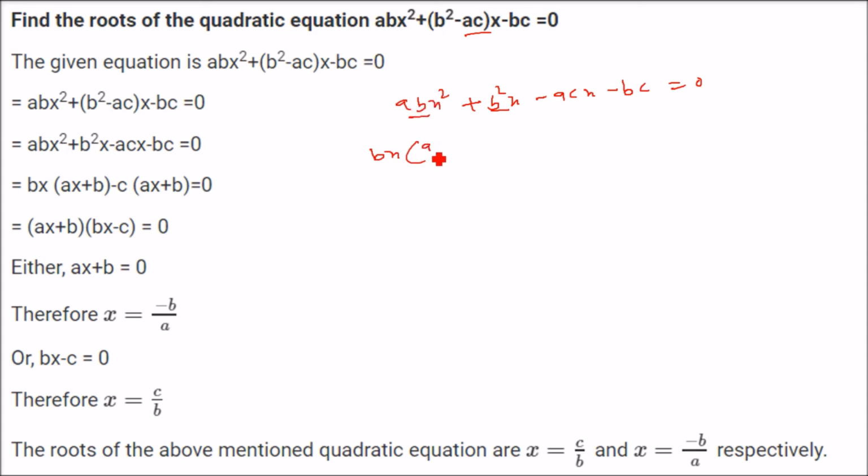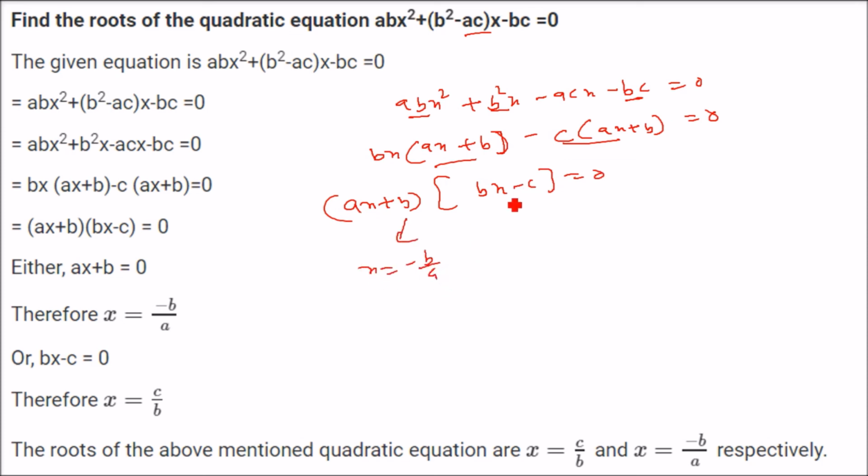If you take bx common, what do you get? ax plus b inside. Now, because we need ax plus b inside, what do you have to take common? c. If you take c common, b will remain. Now take ax plus b common from these two. What do you get? bx minus c.